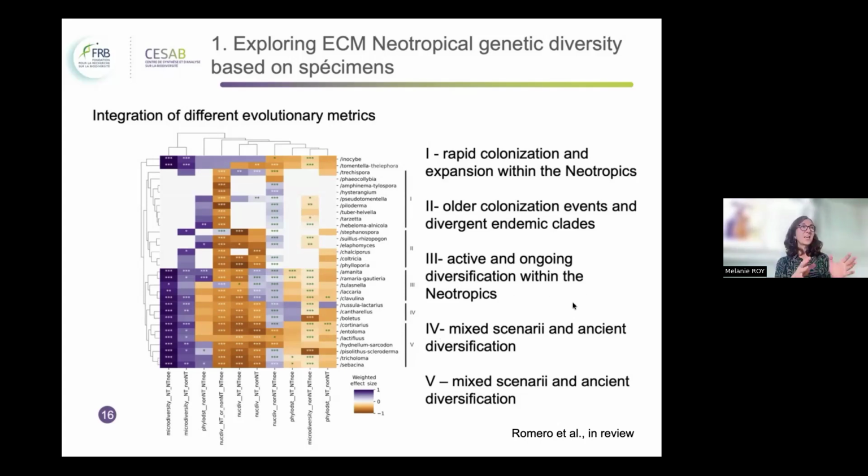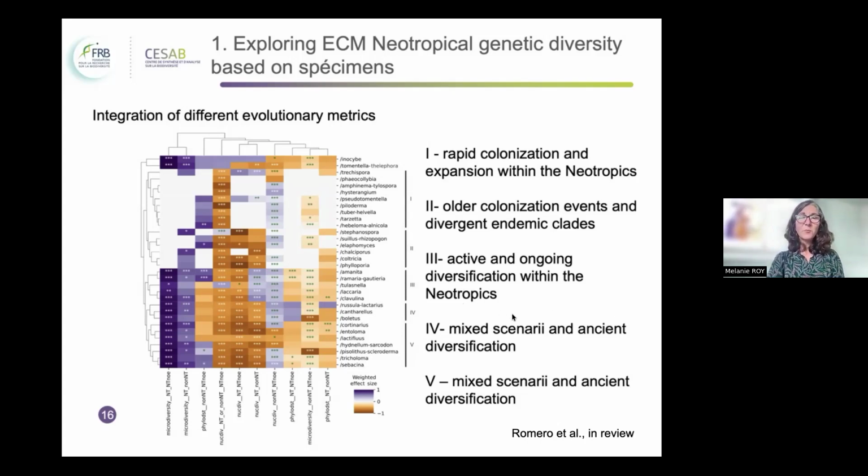We have the case where there is a bit of an older scenario, the Russulaceae, which is more complex: there is both old and recent colonization. And we have only a few cases, group 5, where we have some diversification: Lactifluus, Pisolithus, Scleroderma, and just Entoloma and Cortinarius.